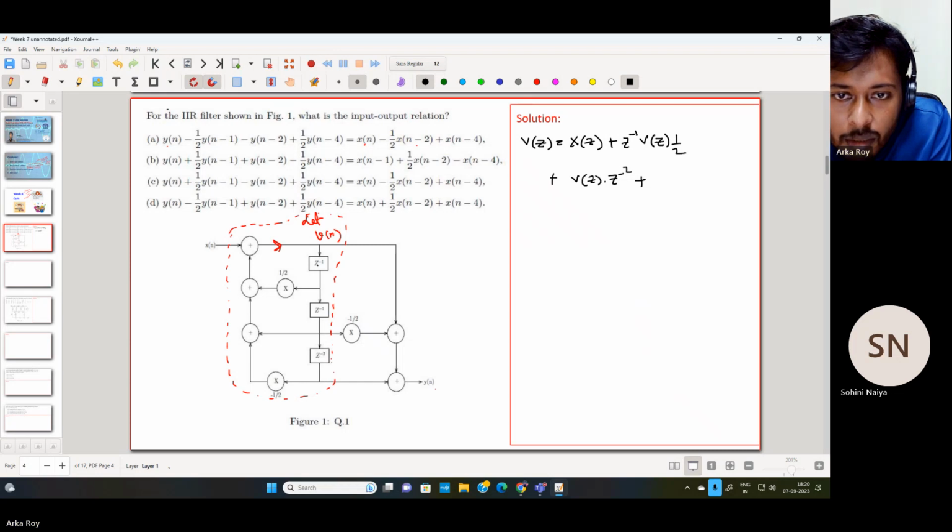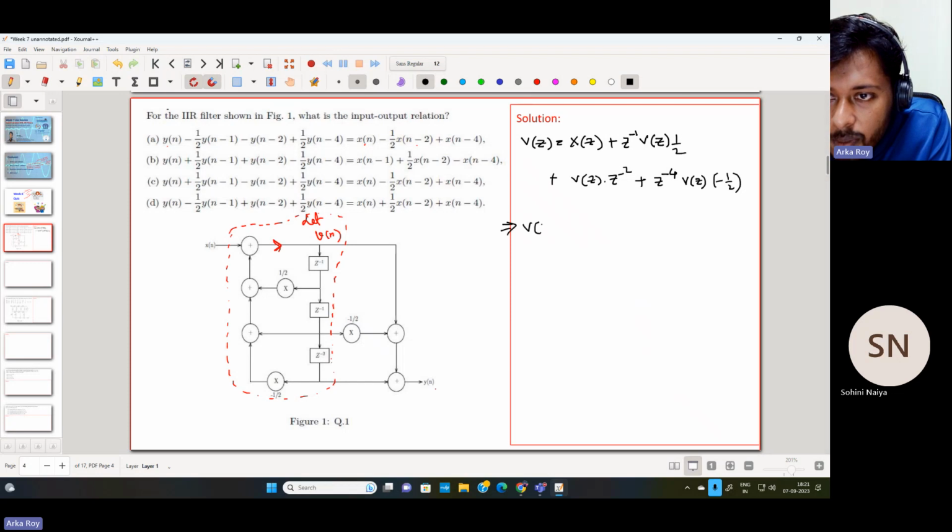After that, this is passing through the third delay block, which has z to the power -2. So therefore, the effective delay will be z to the power -4 multiplied with V(z), and there is a multiplying factor of -half. So -half will also be incorporated over here.